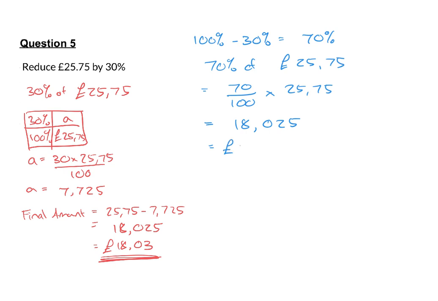You can see it's obviously a quicker method, but I still have to show every step to show exactly why I'm doing 70 over 100, because it's 70% of something, show that it's multiplying, show the answer, show it's rounded. Either method is good. Again, try both of these methods on any of the questions. Try and explore different ways of doing questions and checking you're getting the same answer.